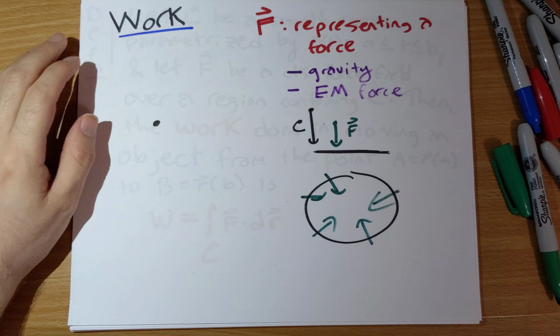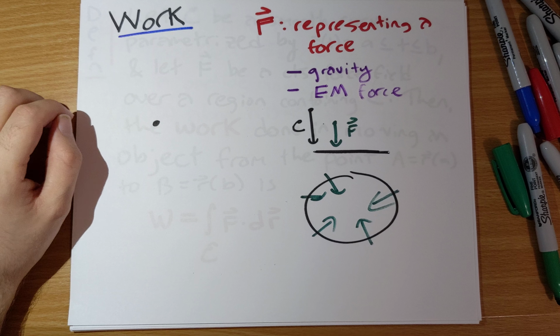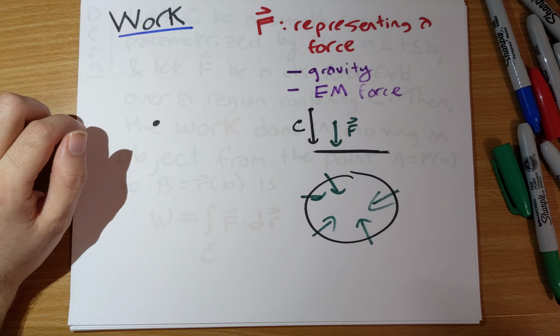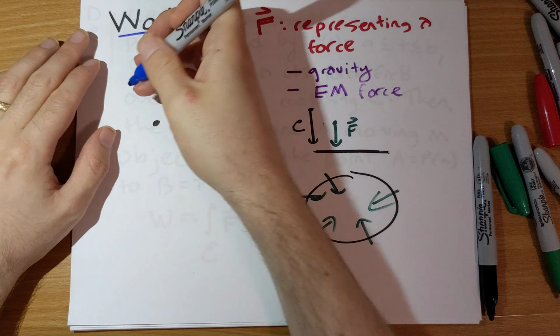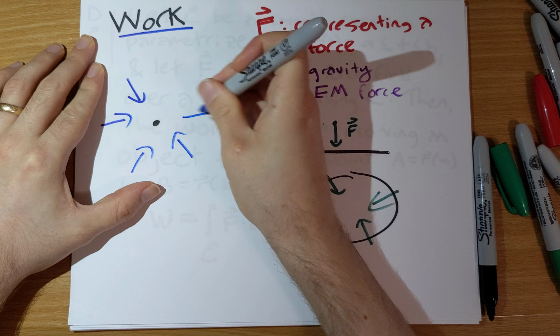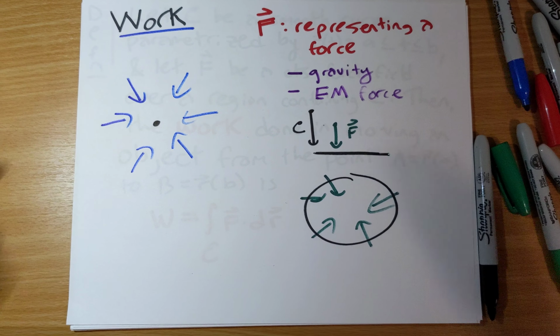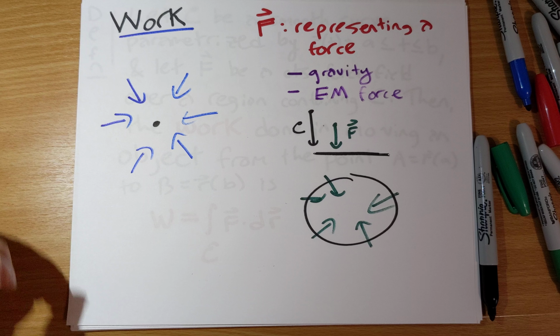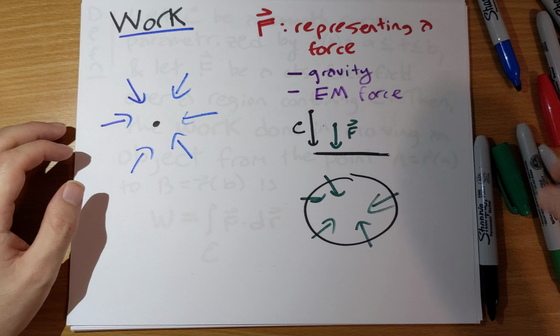Let's say we have a point charge here, some kind of positively or negatively charged ion. If these are attracting each other, the force field will be pointing straight in towards the point charge. If they're repelling each other, it'd be pointing away.